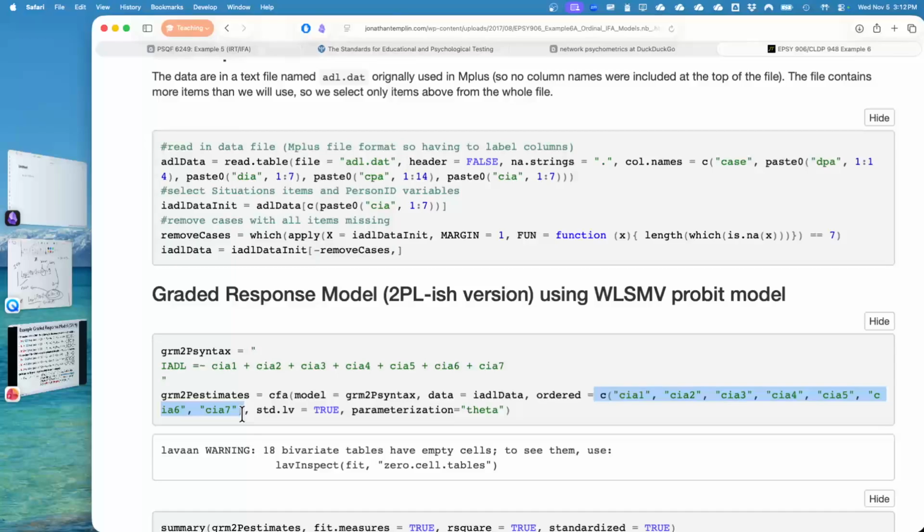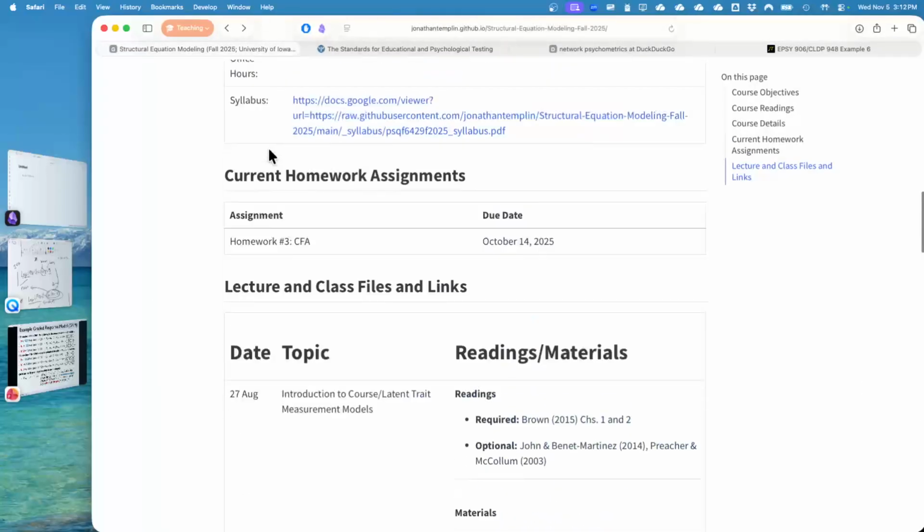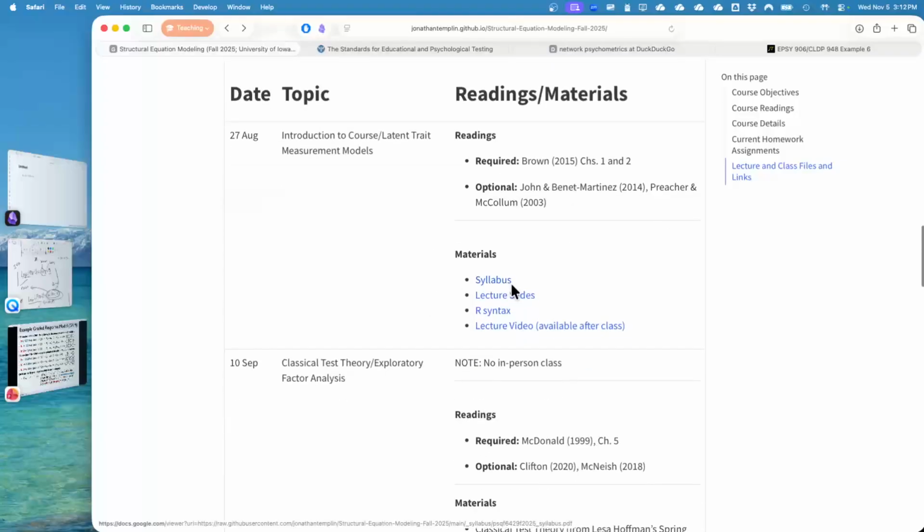But why I'm saying that is, if you think of structural equation modeling, I keep going back to it, but I like repetition, it makes it easy.